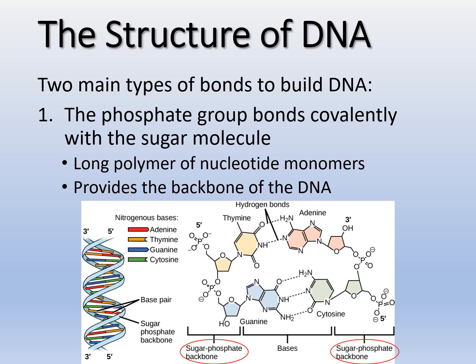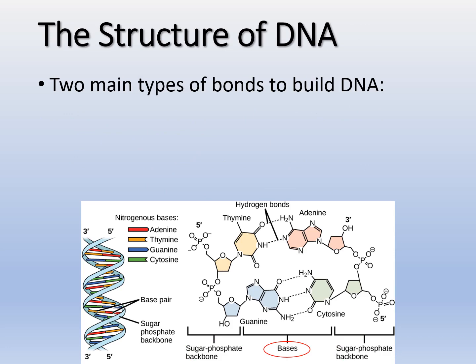So remember, monomers are just the single nucleotides, right? Single nucleotide, and then we put them together and we create a polymer. And so this is really the structural backbone of DNA, okay, is this sugar phosphate backbone.